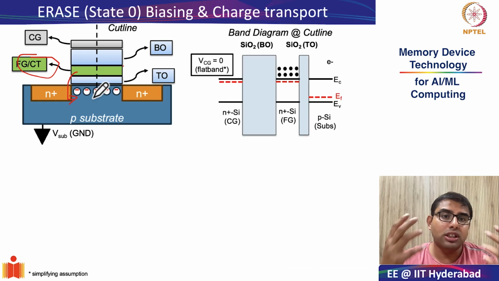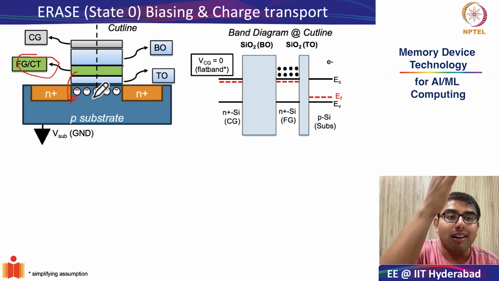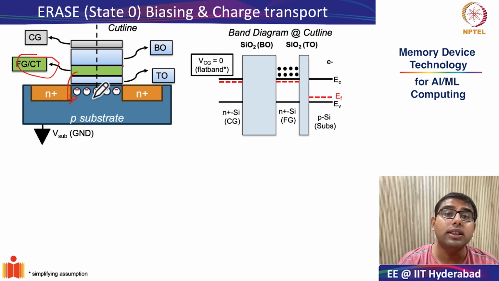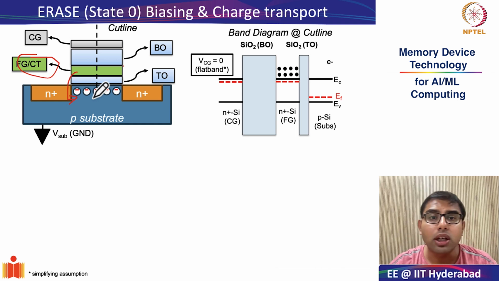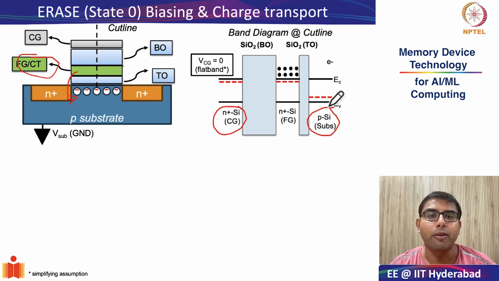To do that, for the sake of thoroughness, let's again try to draw the band diagram at the cut line. Remember, the cut line was a cross section across the floating gate terminal, and we will plot the band diagram across this. One side was your control gate, other side was your p-type substrate.